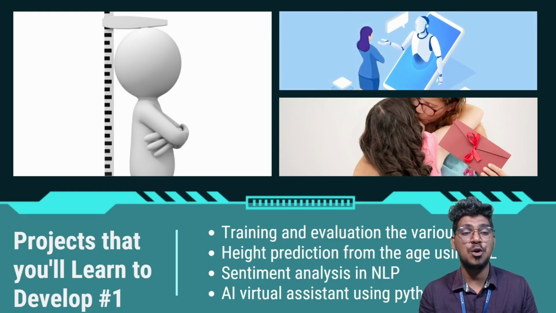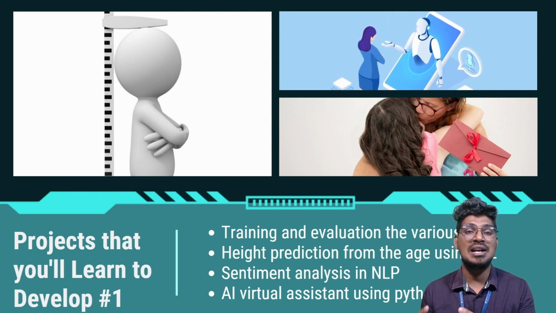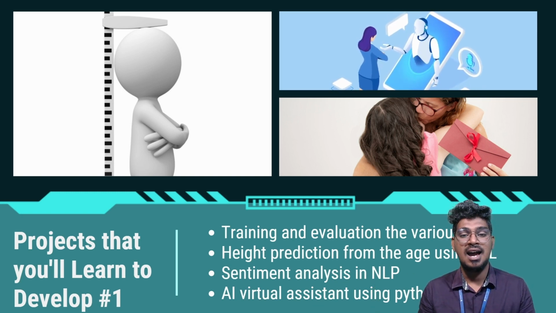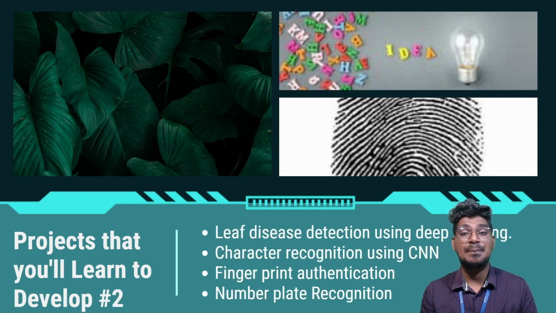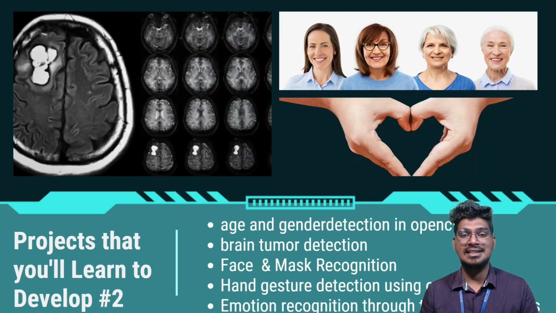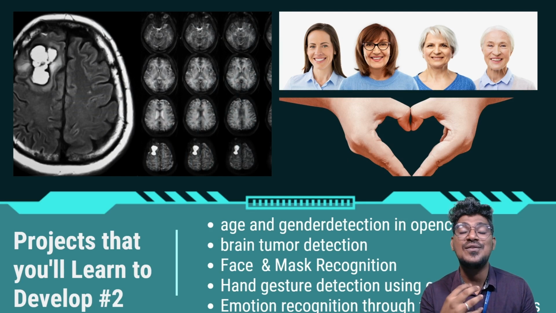So what are the things I am going to discuss with you? How to create a model, how to do the training and evaluation of the various machine learning models, weight prediction based on height and gender, sentiment analysis using NLP, an AI virtual assistant using Python, leaf disease detection using deep learning, character recognition using a convolutional neural network, fingerprint authentication, number plate recognition, age and gender detection, brain tumor detection, face mask recognition, hand gesture detection, and emotion recognition through facial expression.